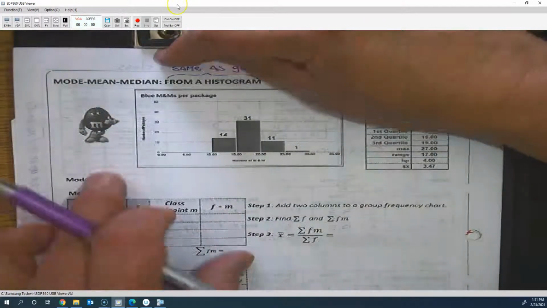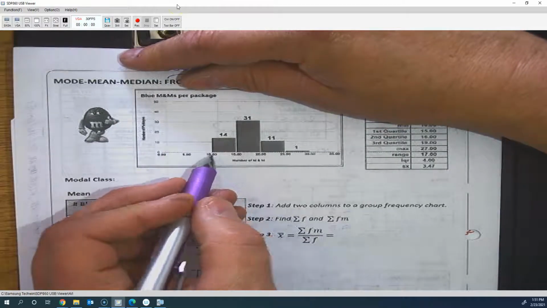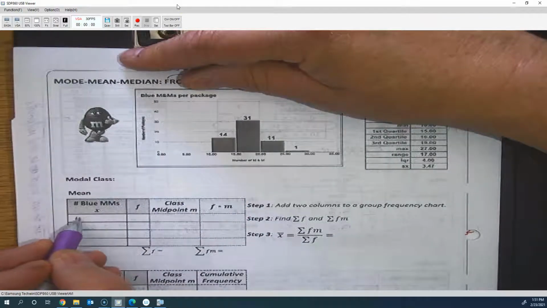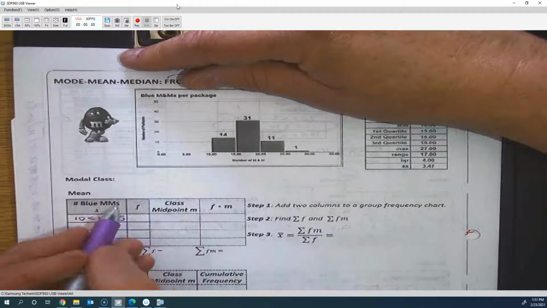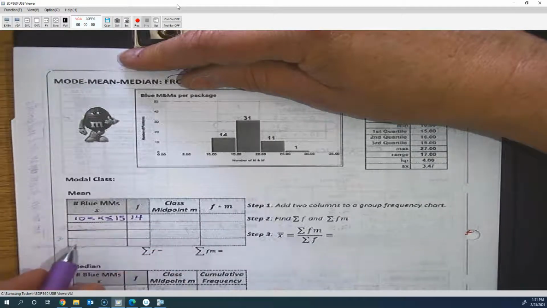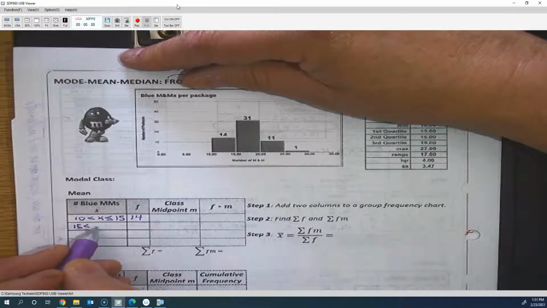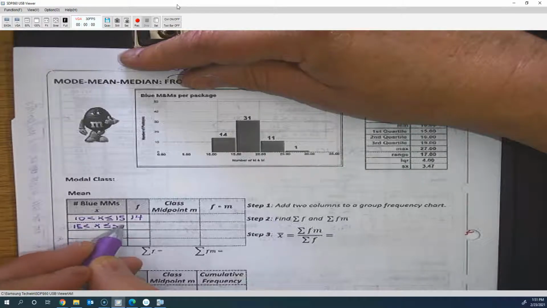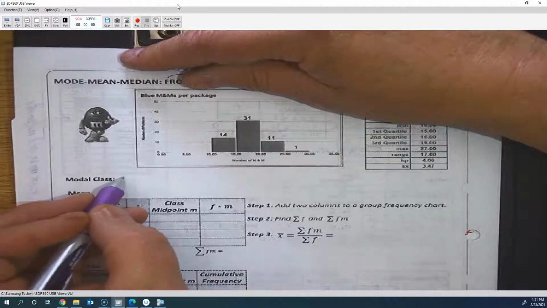All right, so to get the modal class, see, I got 3 classes. I've got a 10 to 15 that has 14 items in it. Then you got the 15 to 20 bucket. That's got 31 items in it, so that's your modal class.